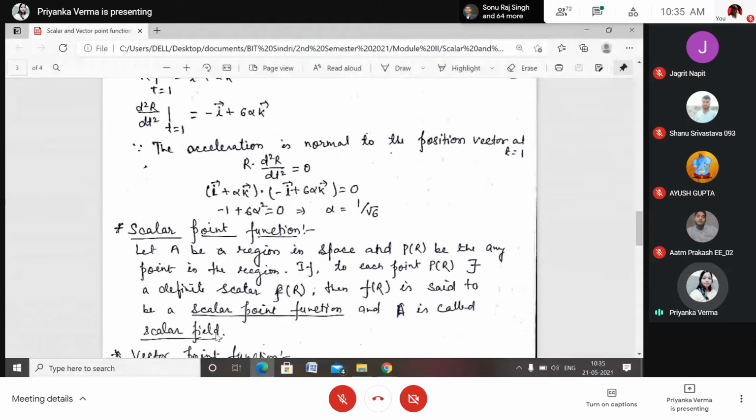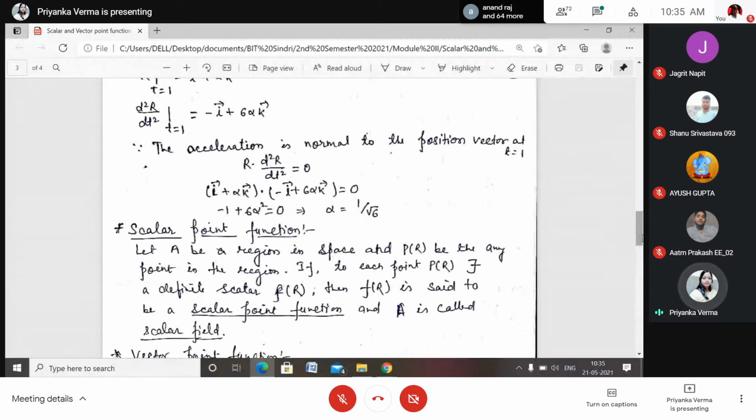Suppose you have a region in space and P is any point in that region, and if for each point P there exists a scalar function f(r), then this f(r) is said to be a scalar point function and the whole region A is said to be a scalar field. That means for every point, if you get a scalar function, then that is called a scalar point function.